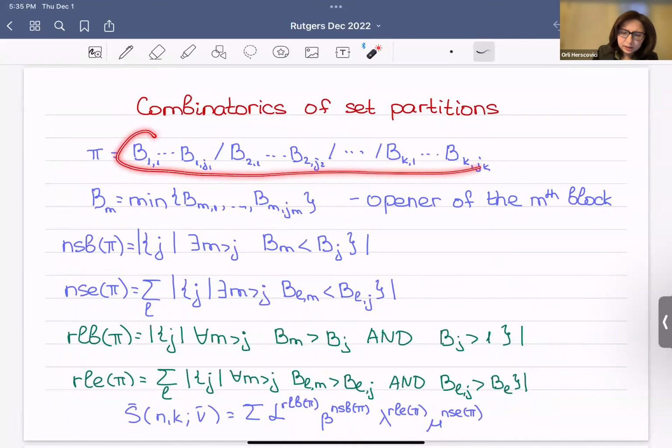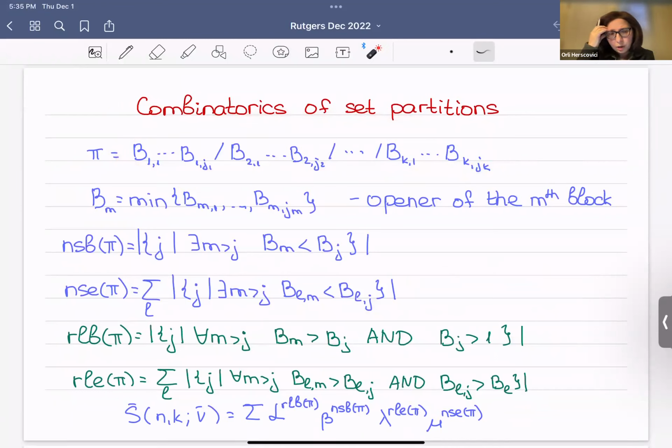If we consider set partitions in such form, the double index relates to the enumeration of elements inside of blocks, and the single index is just for the block itself. So b_m will be the minimal element of the m-th block, or the opener of the m-th block. The statistic NSB here is just a formal writing of what we were already talking about, and we define two new statistics: right-to-left block and right-to-left element.